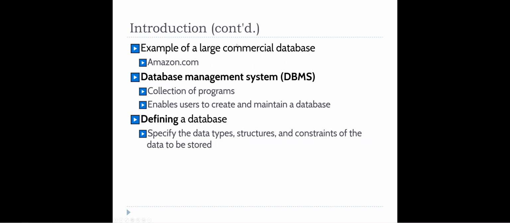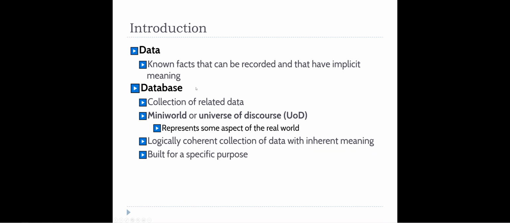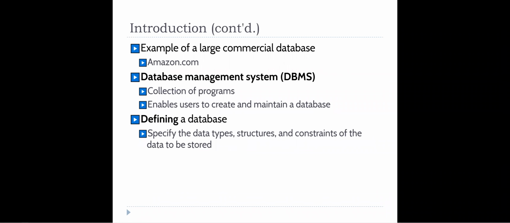An example of a large commercial database is Amazon.com. Now, a database management system, which is what we will talk about mostly. We were just talking about a database alone. Now we will talk about the database management system, or the abbreviation, DBMS. We'll talk about this for the whole lecture.